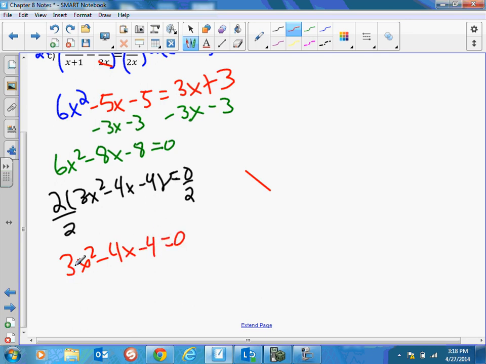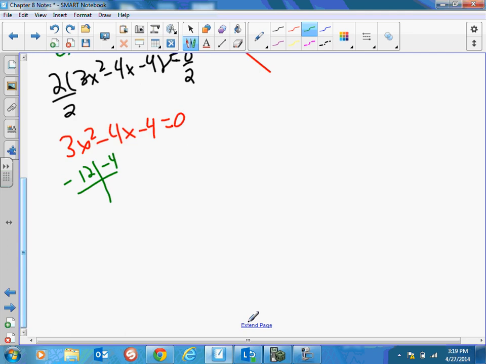Okay, again, there's a number in front of the x squared, so we got to do the AC method. So we got to do factors of 3 times negative 4, which is negative 12, that add up to negative 4, which we should know is negative 6 and 2. Negative 6 plus 2 is negative 4. Negative 6 times 2 is negative 12.